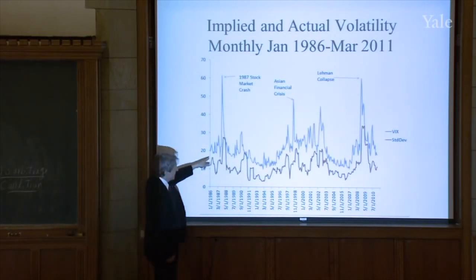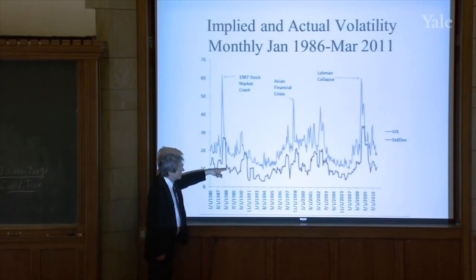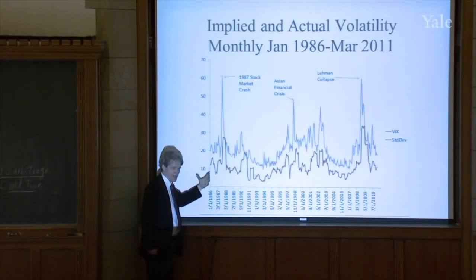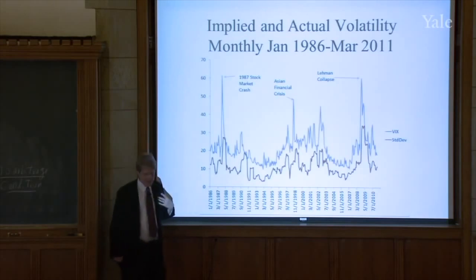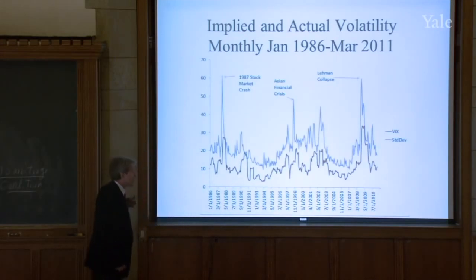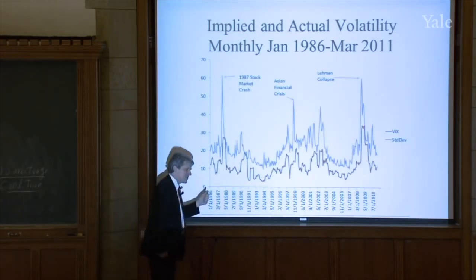Now, the blue line is from the Chicago Board Options Exchange. What I did, and I calculated this myself, is the orange line, which is the standard deviation of actual stock prices over the preceding year of monthly changes, annualized. That's actual volatility, but it's actual past volatility.